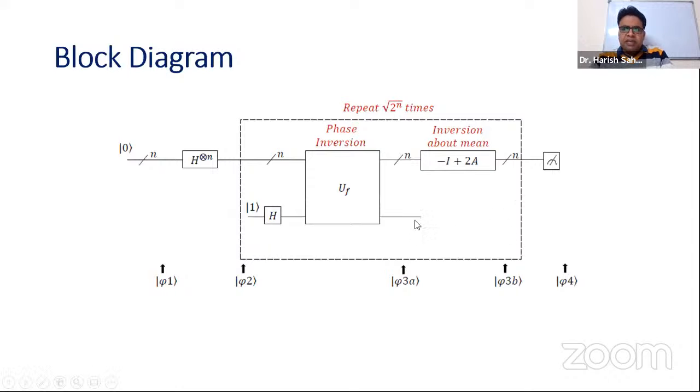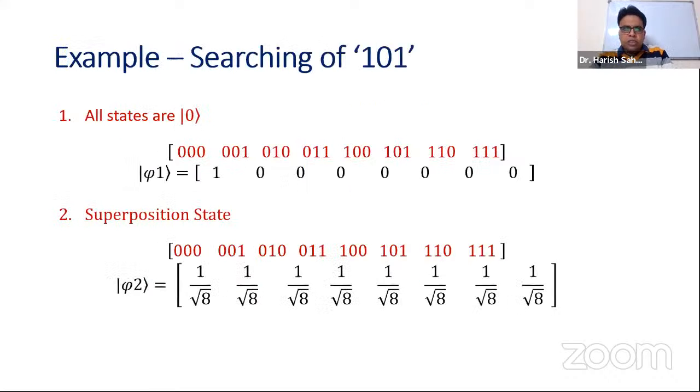Again, just recapping this block diagram, we will go through a concrete mathematical example that you will be able to understand better. This is the block diagram, and we are saying that state by state, at the first stage, we have this phi 1 state, and we will see how the states progress in this implementation. Suppose we are searching for 101. It is a 3-bit problem, so we will require 3 qubits.